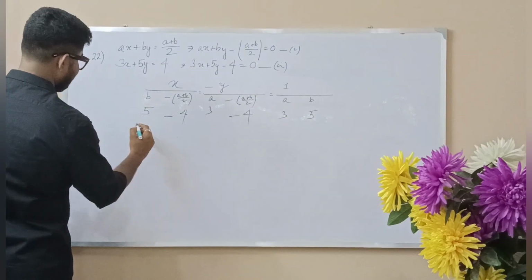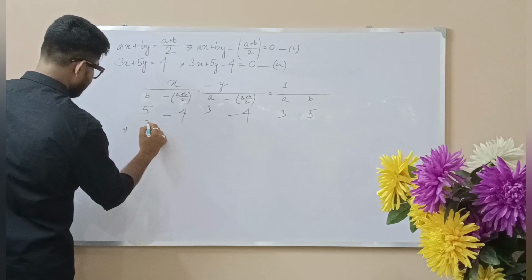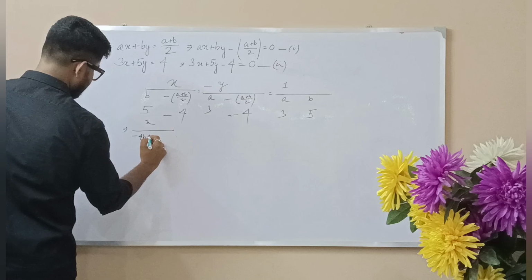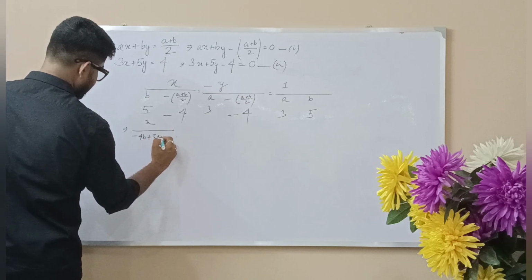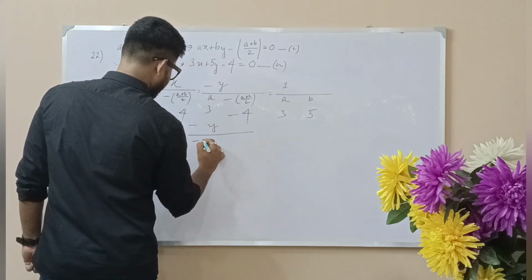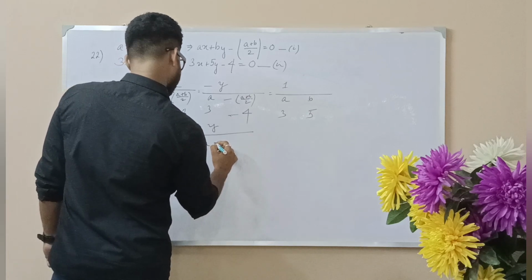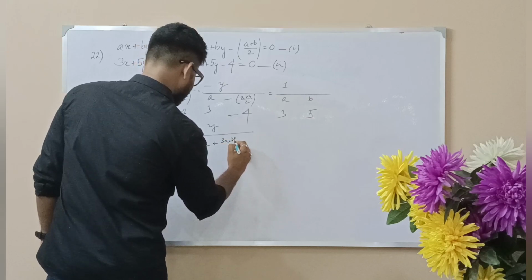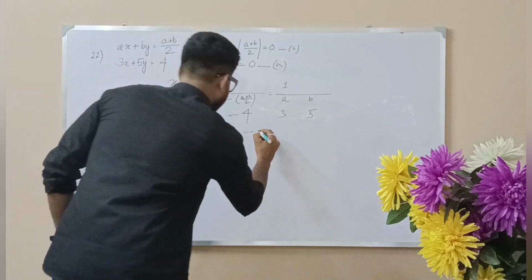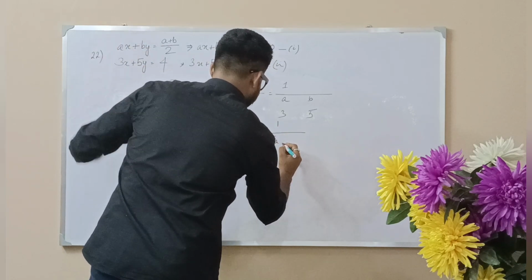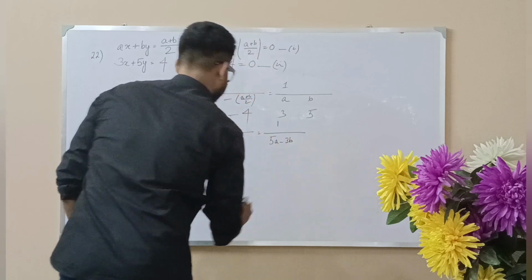Now this implies x by (minus 4 into b will give you minus 4b plus 5a plus 5b by 2) equals minus y by (minus 4a plus 3a plus 3b by 2), equals 1 by (5a minus 3b).